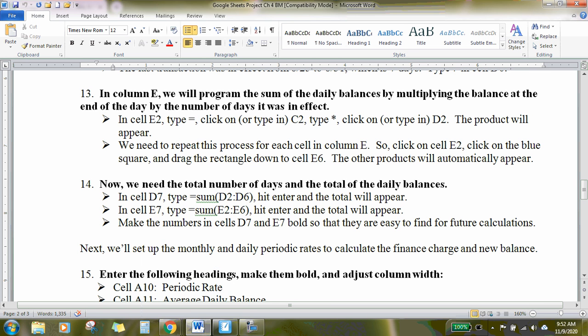So we're going to go to cell E2, and we're going to type equals, and then we're going to click on C2, that's the balance, and then we're going to multiply it. So we'll have to type the little star, remember that's Shift 8, and then we're going to click on D2, which is the number of days.